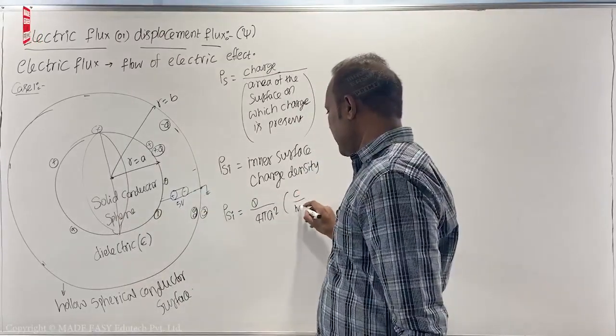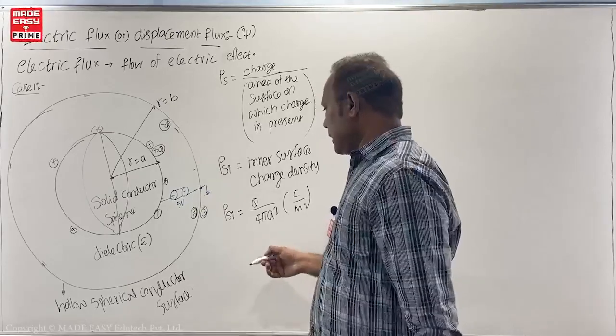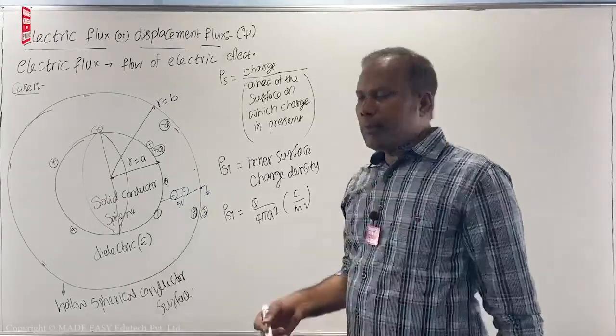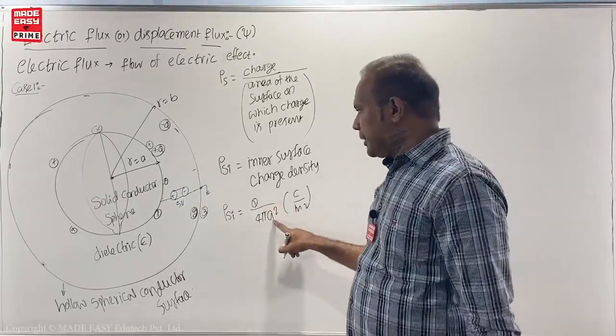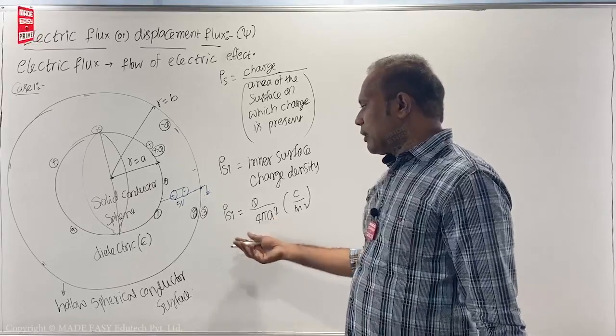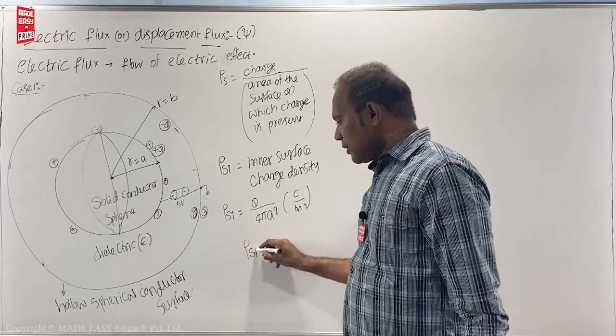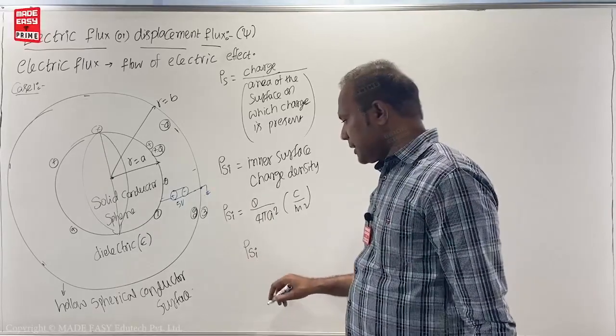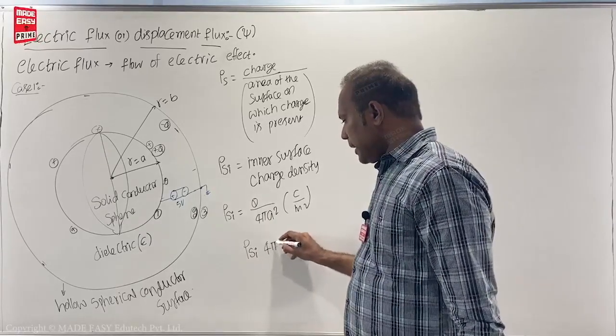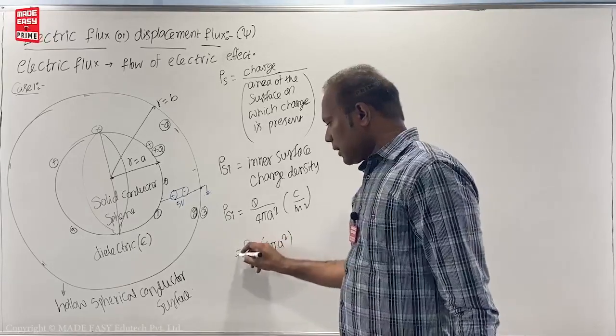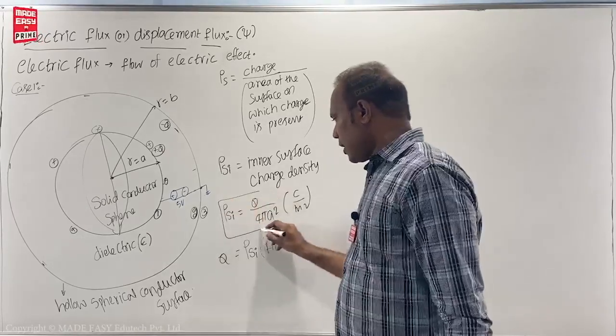So this is coulomb per meter square. If anybody gives total charge and the radius, then you can find rho Si. This is the formula. Similarly, if anybody gives the inner surface charge density, then multiply with the area, then you get the total charge on this. So these two are the formulas actually.